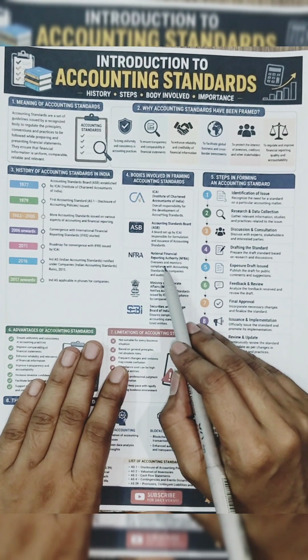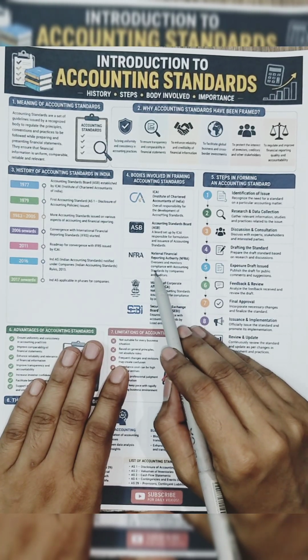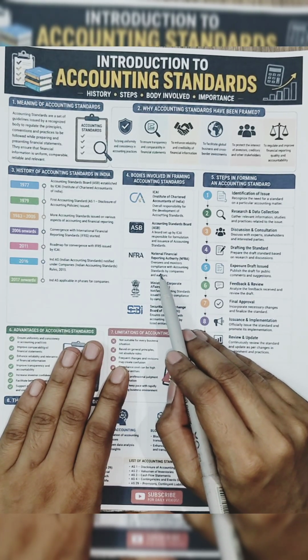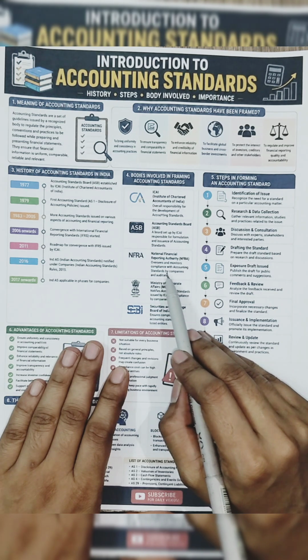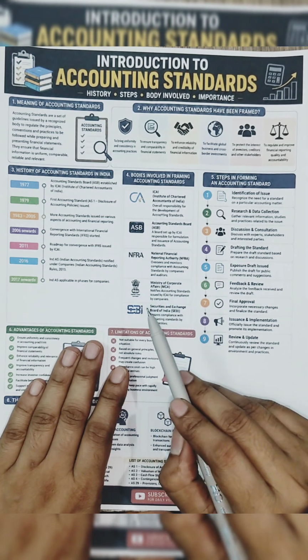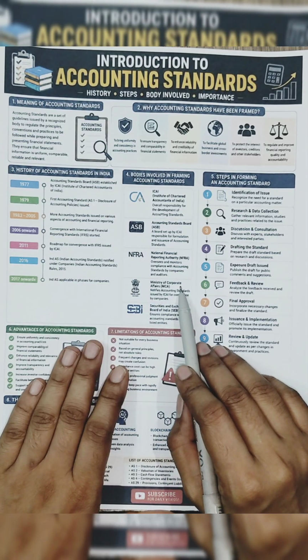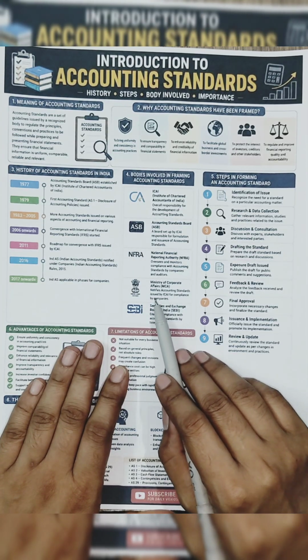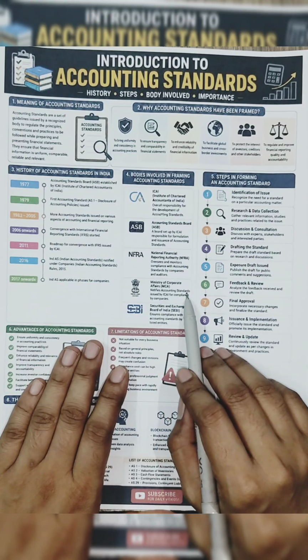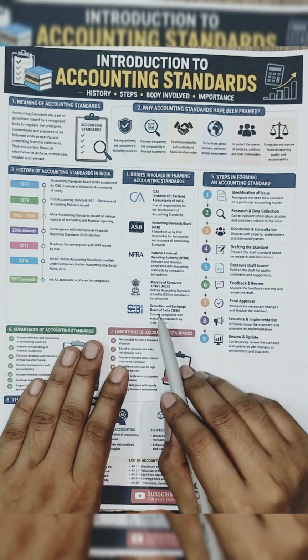NFRA, the National Financial Reporting Authority, oversees and monitors compliance with the accounting standards by the companies and auditors. Ministry of Corporate Affairs, MCA, notifies the accounting standards which have been issued by the ICAI for the compliance of the companies.